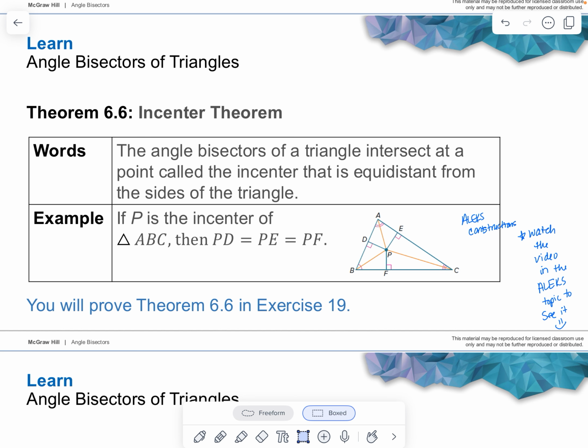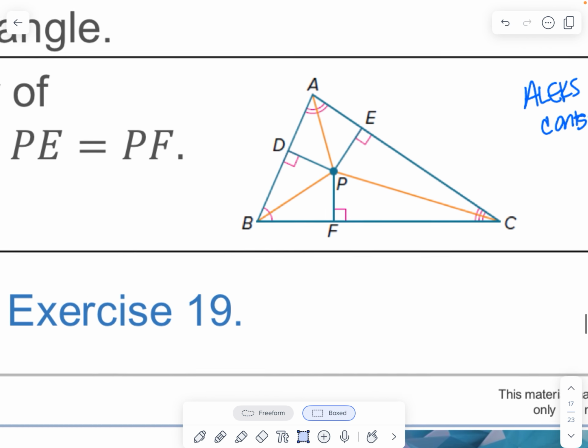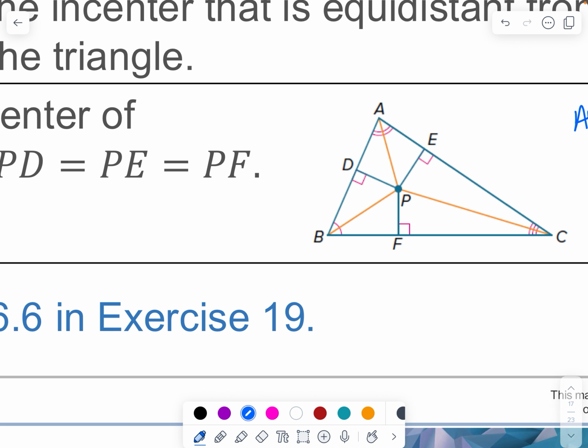So P is the incenter. So let's go see what that looks like. Let's look here too. What things are equal? So this is equal to this is equal to that, right? And we still have right triangles everywhere. We have equal angles everywhere, but no more equal sides, like there's no more midpoints along the edges, no more congruent triangles.